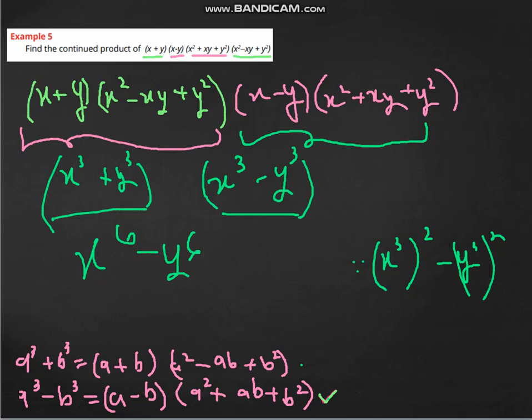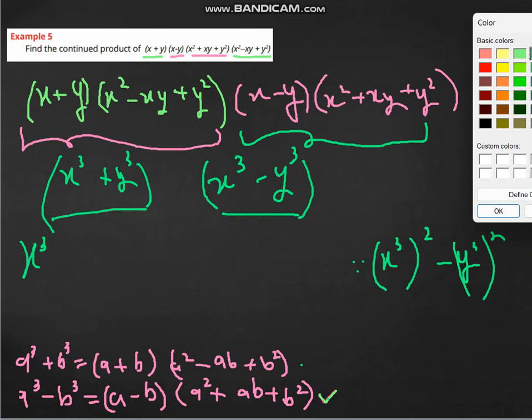You can try multiplying it on your own. Well, let me just do it for you. Let me make some space. Okay, so x cubed multiplies with the whole second bracket.